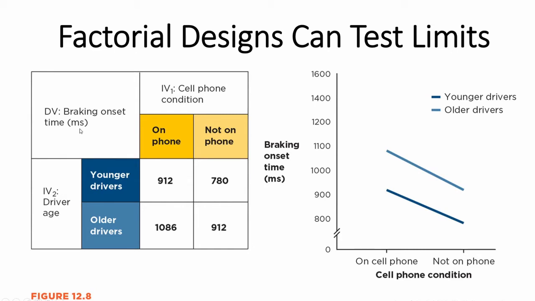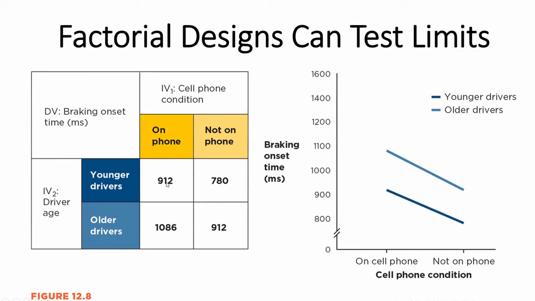So how quickly are you reacting? Our first independent variable, IV1, is the cell phone condition. Are you on or not on the phone? IV2 is our driver age, young versus old, and they would define this quite a bit better in the actual experiment, but that's fine. And they can present the values here, the average of the group for each of these combinations of conditions.